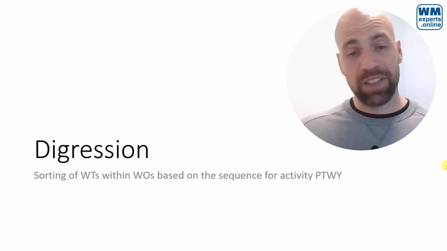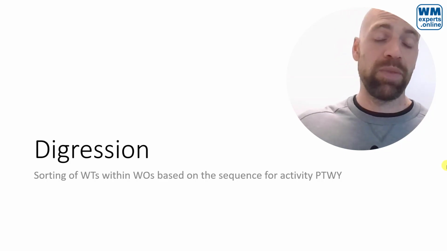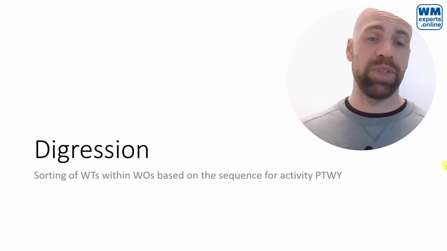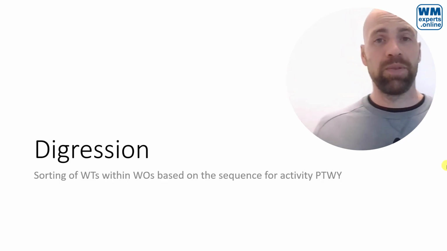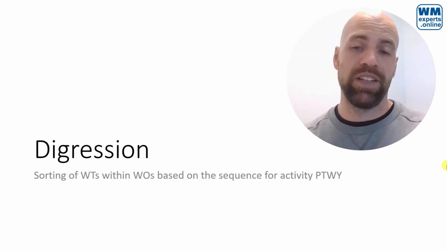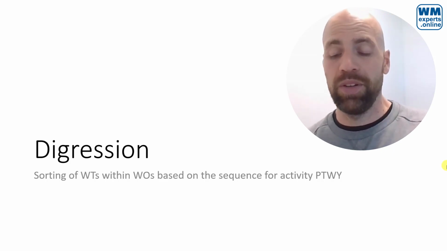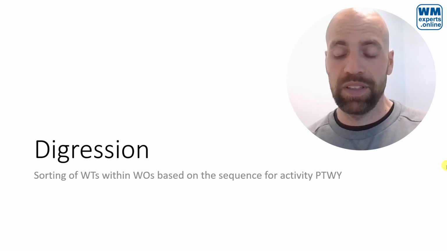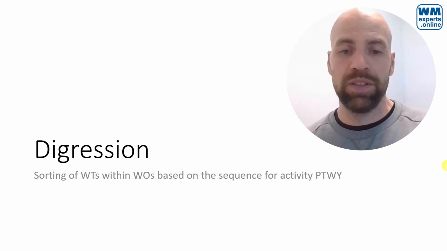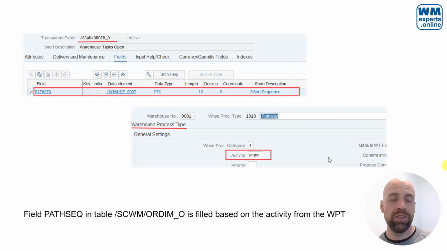But it is in fact used for sorting the tasks within the warehouse orders when we already have the destination bins. But I don't want to just mention it, I want to show you also how that works in the coding in EWM. And this is also something where I thought you could take some value with you, and I will now explain to you how this is being done.